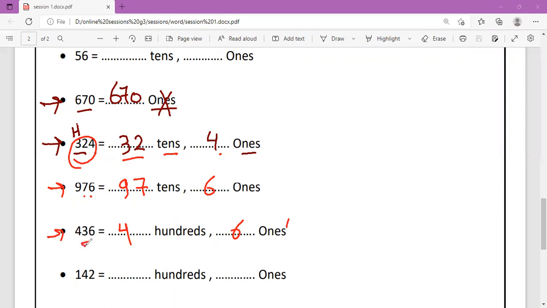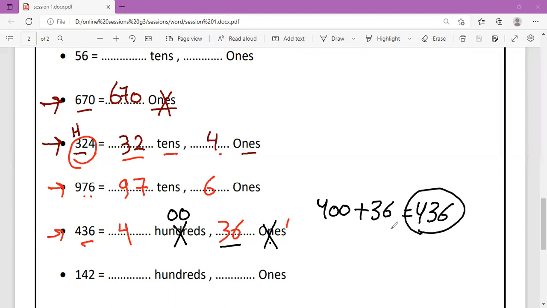So put 36 ones. Let's check our answer. 4 hundreds, with 2 zeros, will be 400, plus 36 ones, cancel ones, put nothing, 36. It will give you 436. This number is the same as this? Yeah, that's right. So the whole answer is correct.